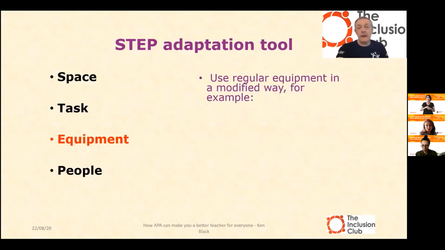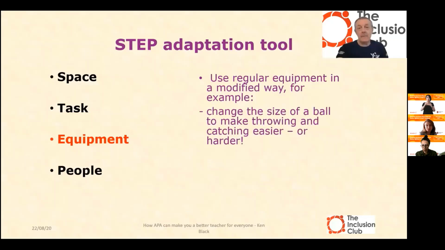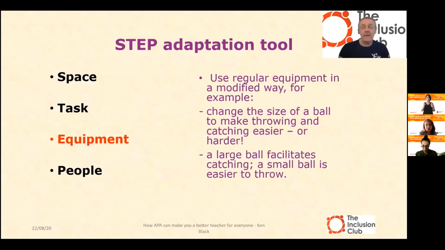Another thing we could do, for example, is change the size of a ball to make throwing and catching easier or harder. If you're thinking about sending and receiving, throwing and catching, we always teach this together as if it's one skill, when in fact it's two completely different skills. Now, most young people can throw and catch. It's part of the same activity to them.